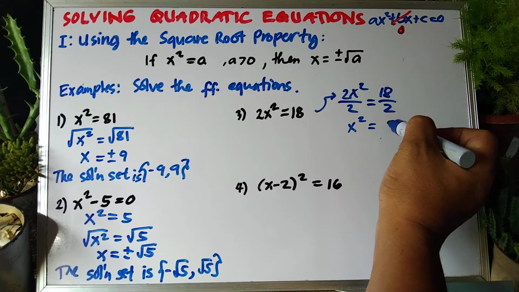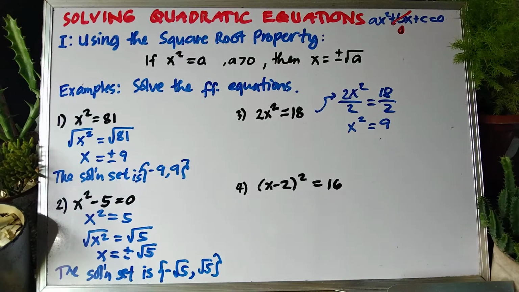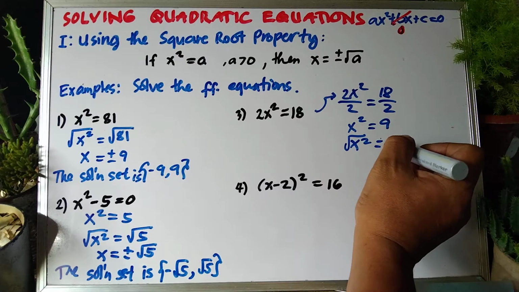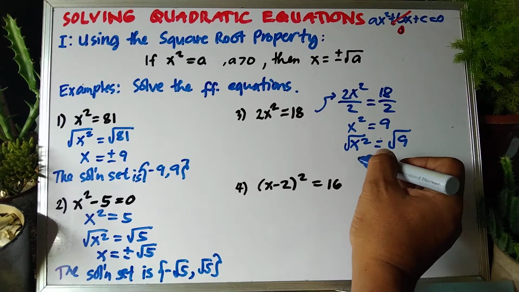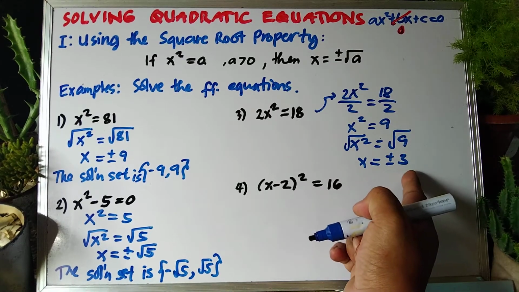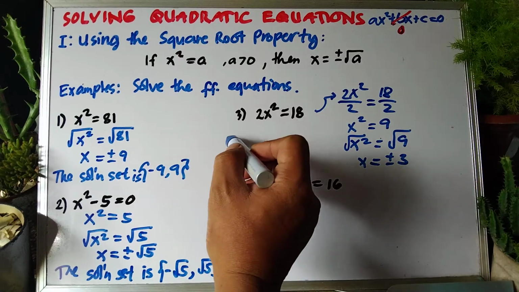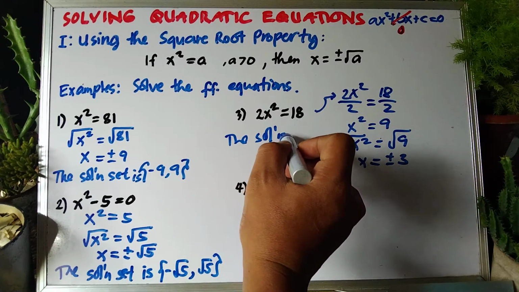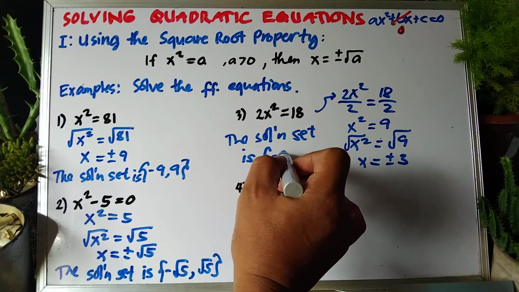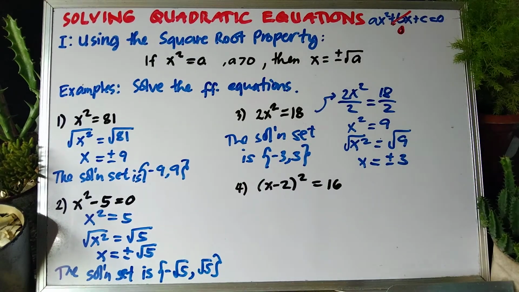What is 18 divided by 2? That is 9. Right? So here, we can directly extract the square root to both sides of the equation. So therefore, your x is equal to positive negative 3, because square root of 9 is 3. Correct? So the solution set is the set that contains negative 3 and 3. So we could say that using the square root property, we have two roots, no? The negative and its positive value.